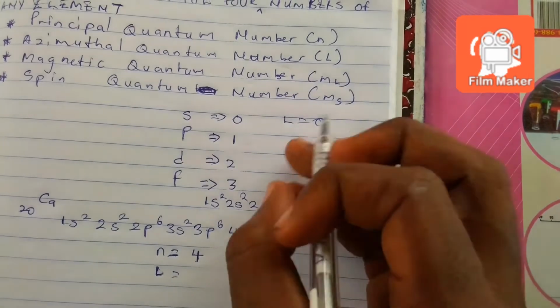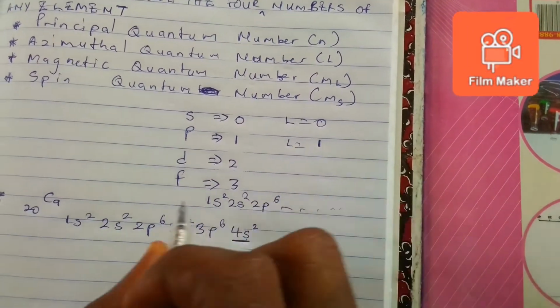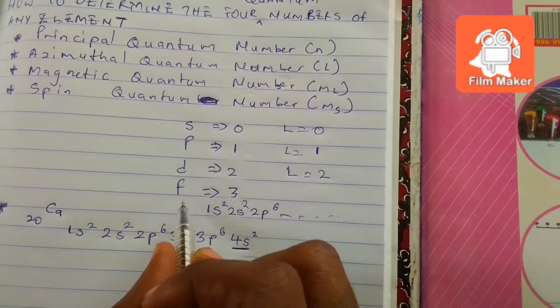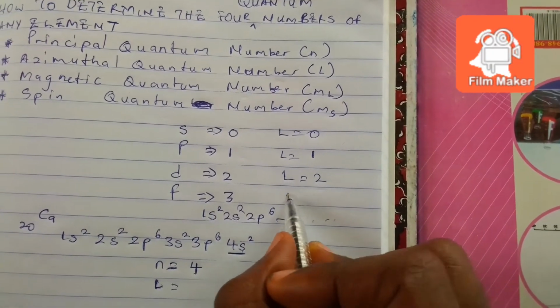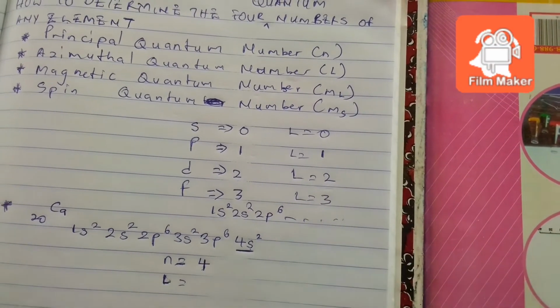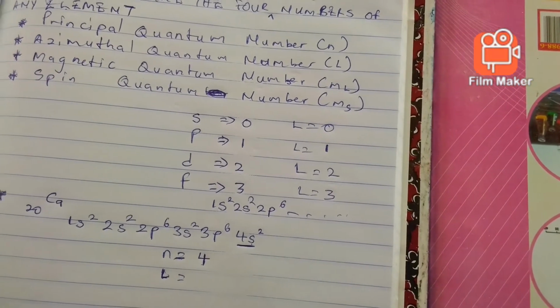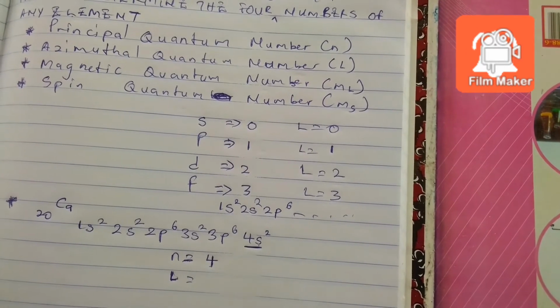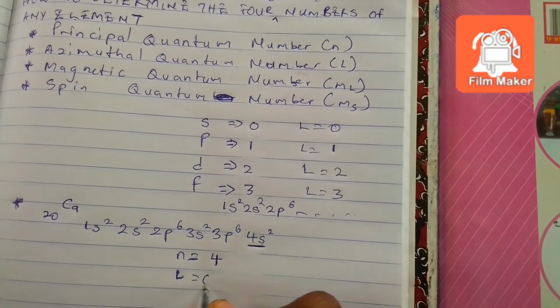With p block, l is 1. With d block, l is 2. With f block, l is 3. For calcium, the electronic configuration ends with s, so l is 0.